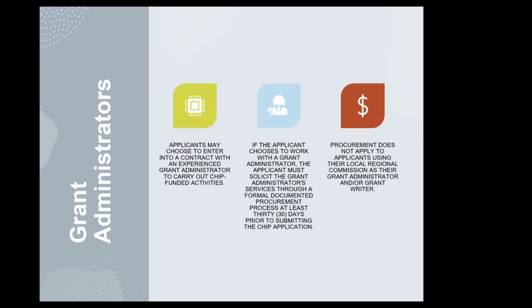So you don't have to procure your grant administrator if they're part of the regional commission. But if you are procuring a grant administrator through an RFP, then you want to make sure you do it 30 days before your CHIP application is due. And also you want to make sure you understand that you do not have to have a grant administrator, but you're strongly encouraged to use a grant administrator.